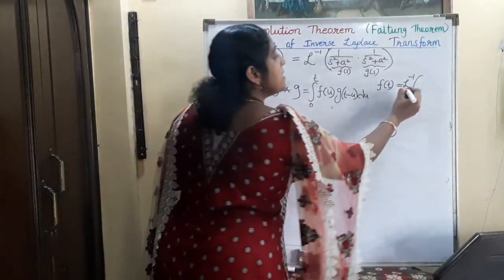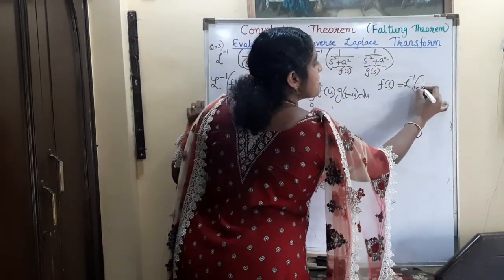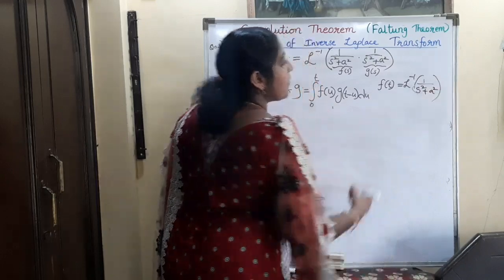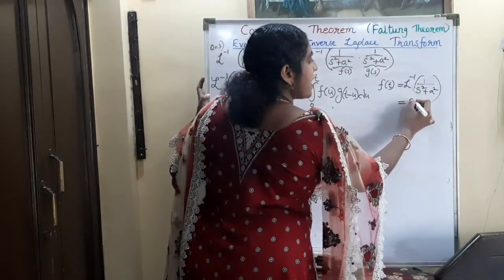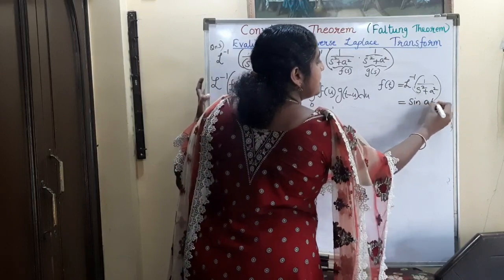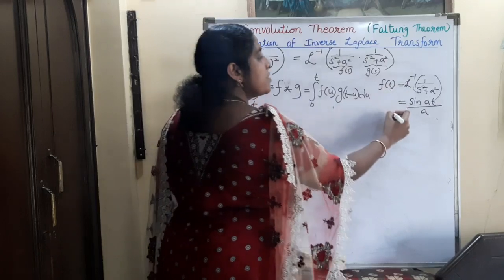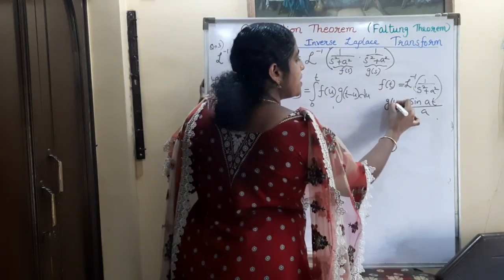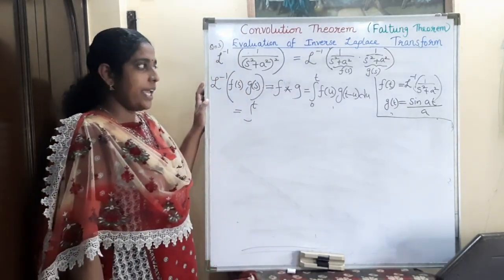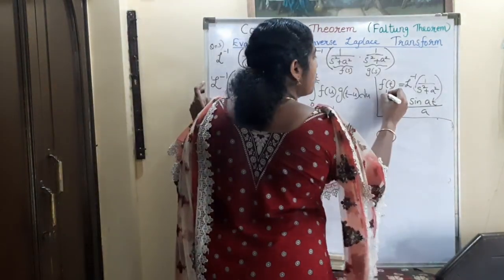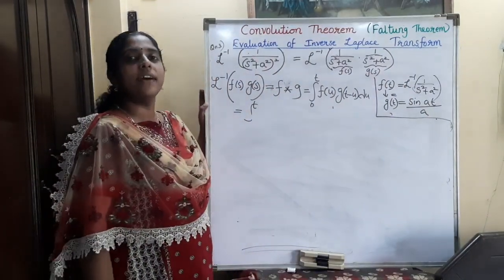Here f of t is the Laplace inverse of 1 by s square plus a square. What is the Laplace inverse of 1 by s square plus a square? That is not cos, that is the sine function, sine at divided by a. Also g of t is sine at divided by a. So f of t is equal to g of t is equal to sine at divided by a.